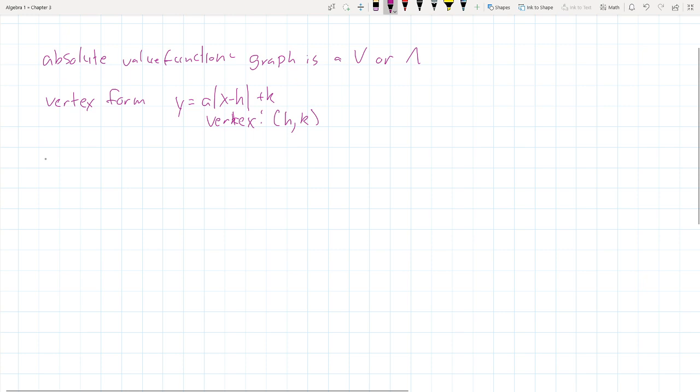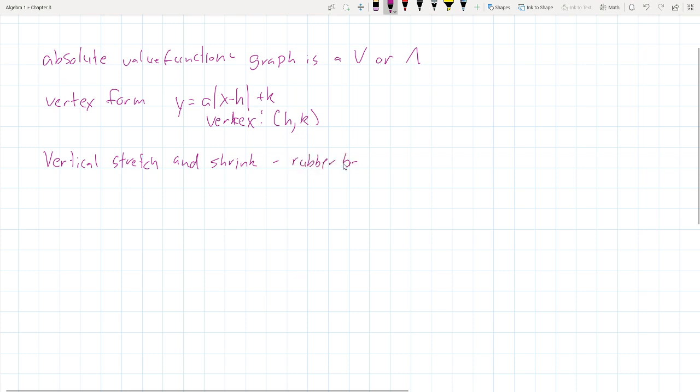Now, the last one I actually talked about in my last video, but if you didn't watch that video, you might not know what I'm talking about. We have vertical stretch and shrink. You can think of this as a rubber band.